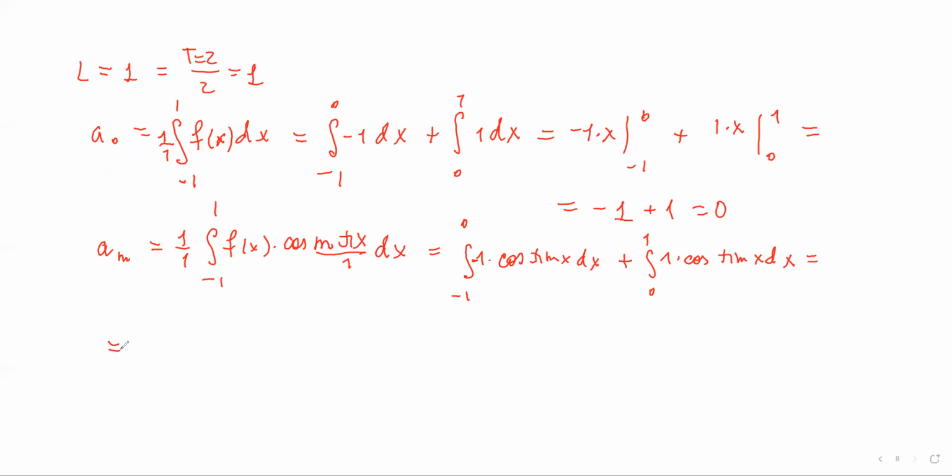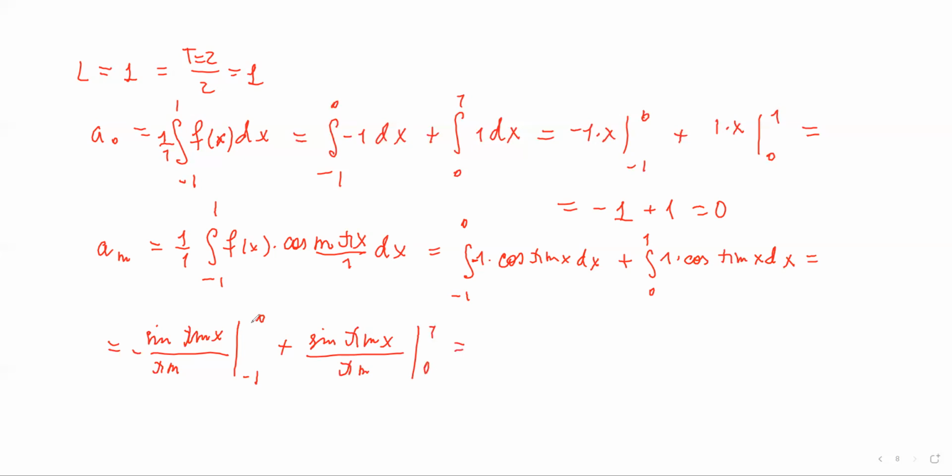Well, the integral of cosine is what? Sine of pi mx over pi m. Write the coefficient a minus because there was a minus, substitution of -1 and 0. This one is going to be the very same integral, just pi mx over pi m and substitution of 0 and 1.